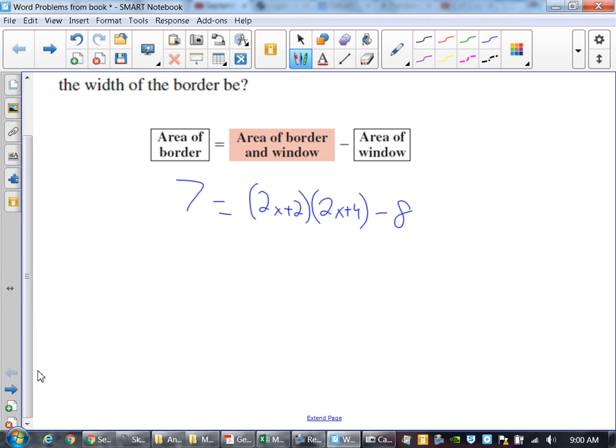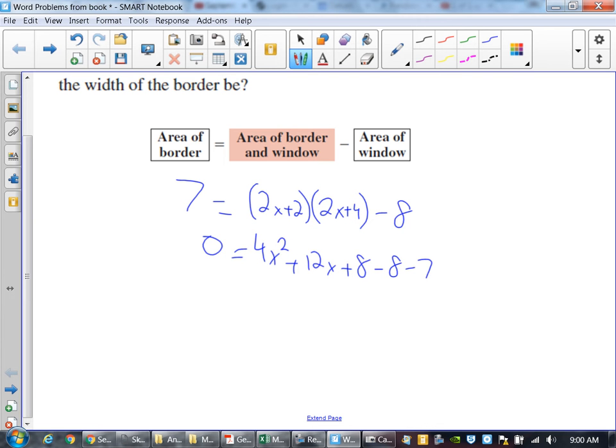If I put it to 15, then I have the quadratic equaling 15. Do you agree? Now, if I FOIL this out, we're going to get 4x squared, 8x and a 4x is a 12x, plus an 8. Everybody okay with that? And then if I move the 7 over, I set it equal to 0, and then you solve using one of the methods.